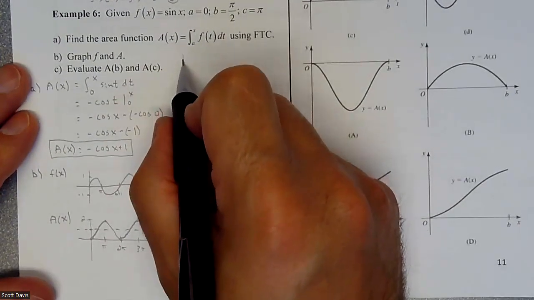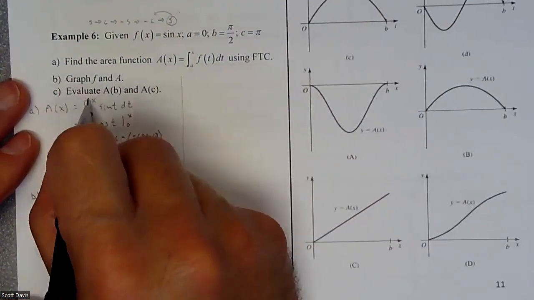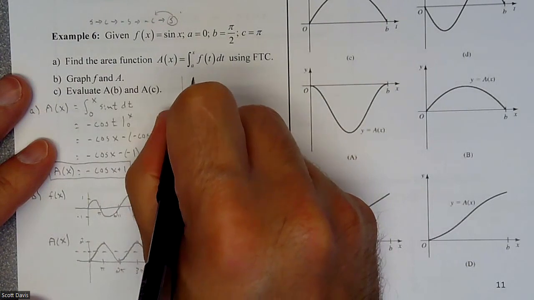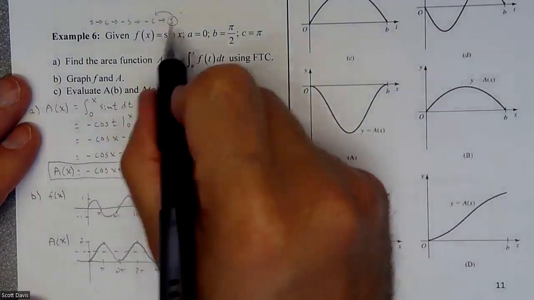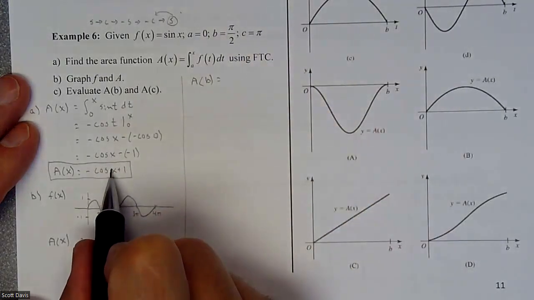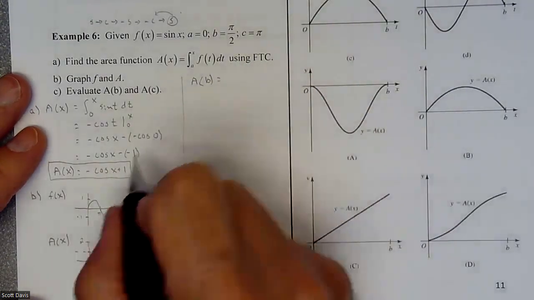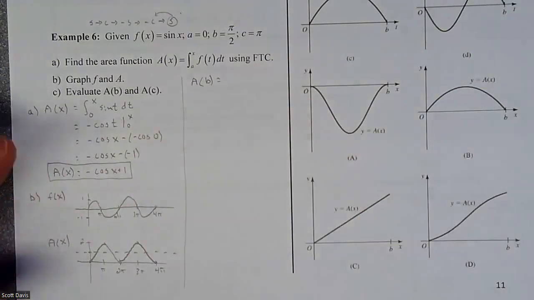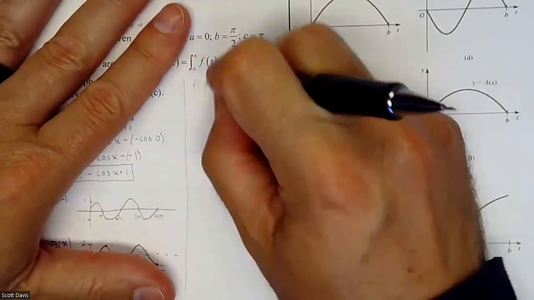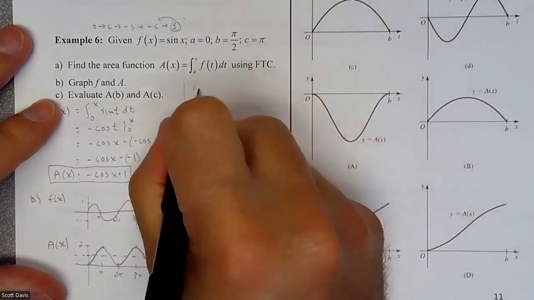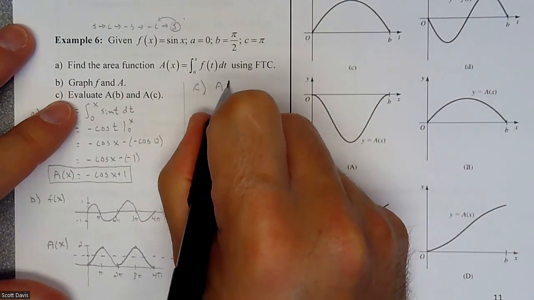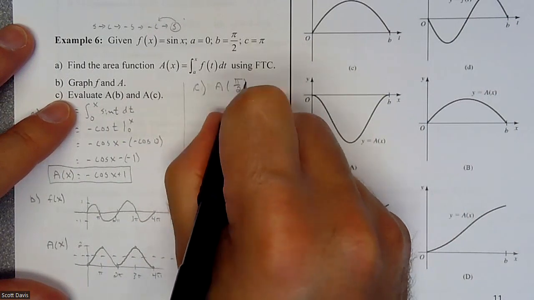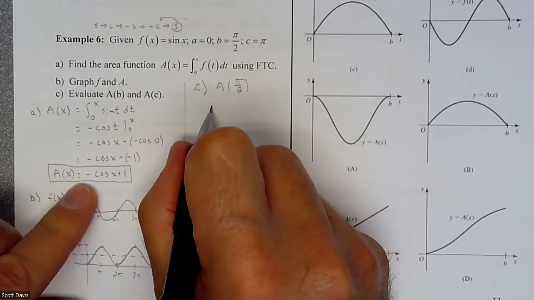The last couple questions are to evaluate the area at B. The area at B is pi over 2. Well, we have an equation for that. Part C is us finding the area at B, which is pi over 2, which is just plugging it in.